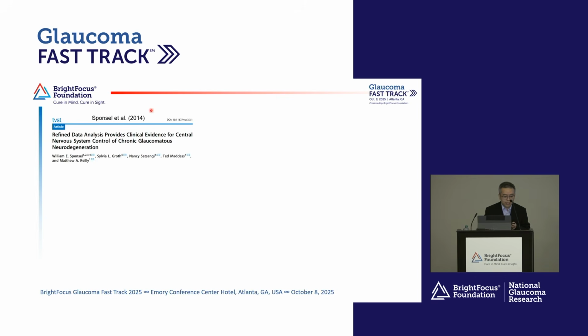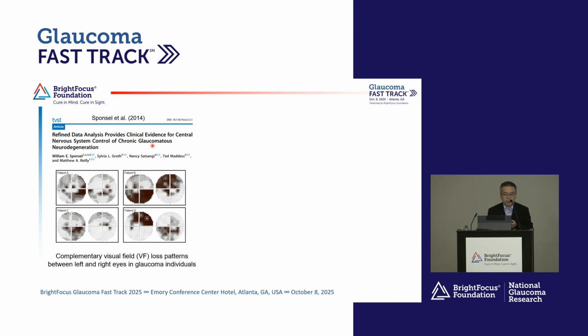We want to actually answer some questions that were hypothesized about 10 years ago, suggesting that when you look at the visual field from each eye, very often, statistically, the left and the right visual fields may not be identical. They may actually be complementary. For example, in one subject here, the visual field in one eye has a deficit in the lower, inferior regions versus the superior regions.